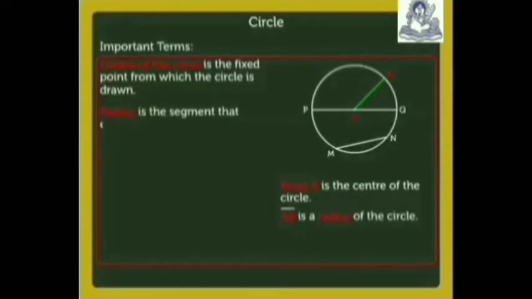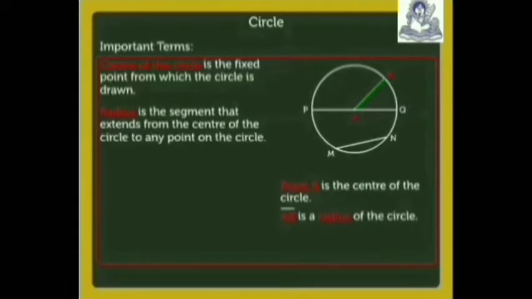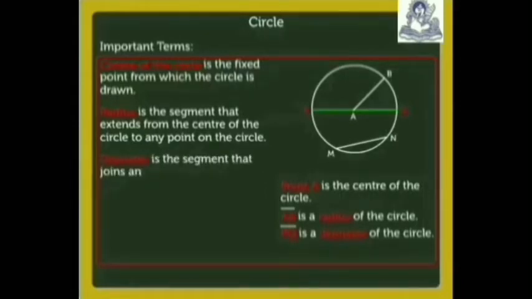Radius is the segment that extends from the center of the circle to any point on the circle. Line segment PQ is a diameter of the circle. Diameter is the segment that joins any two points on the circle, and it always passes through the center of the circle.